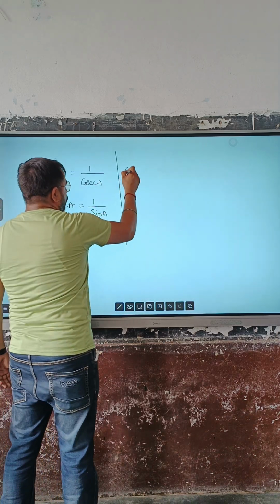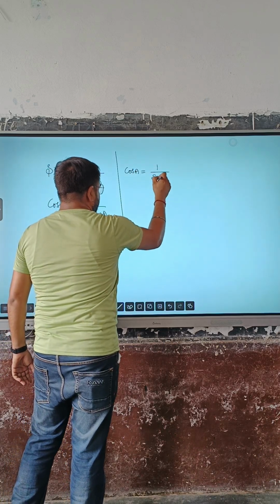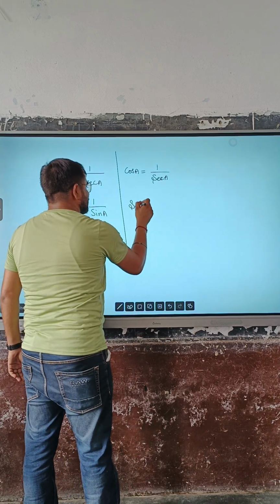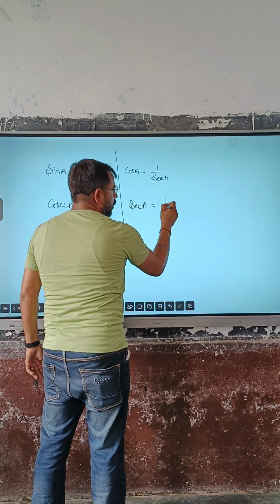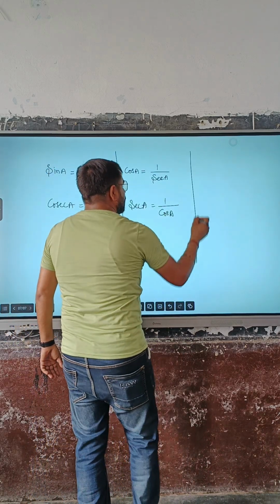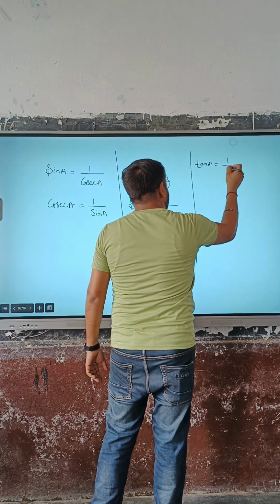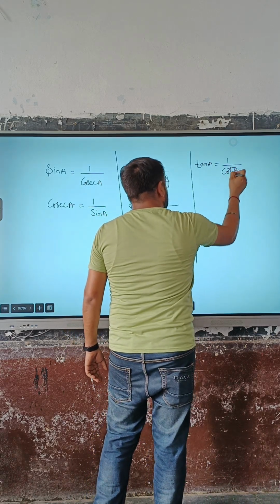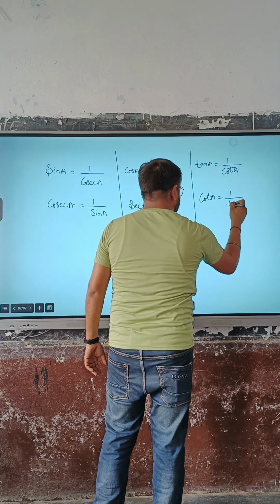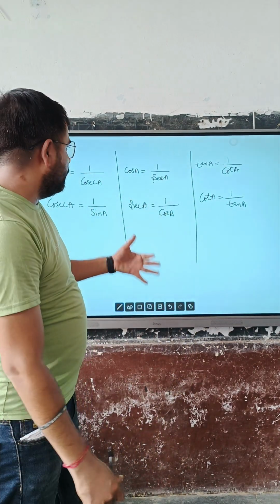Now cos is reciprocal of secant and secant is reciprocal of cos. Next, tan is reciprocal of cot. Cot is reciprocal of tan.